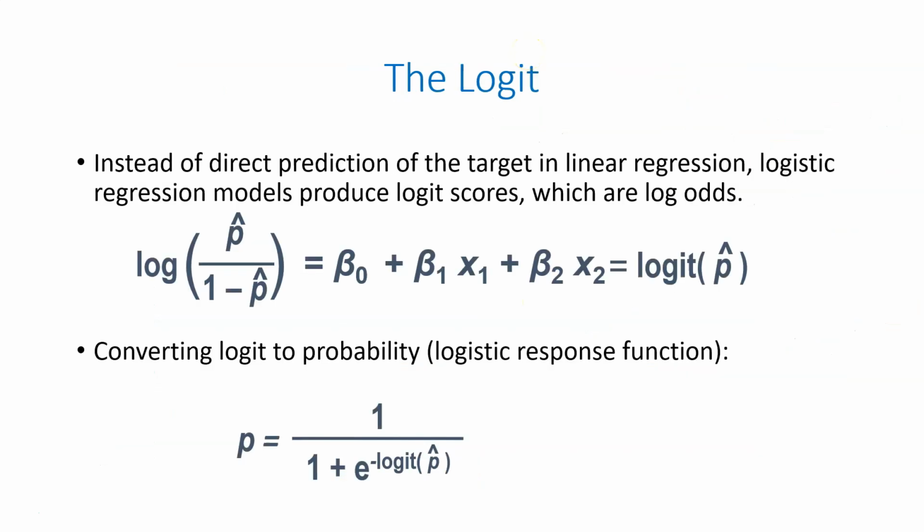There is actually a name for log odds, and that is called the Logit. So essentially, the logistic regression model produces the Logit score, which is log odds, or we can write it as log of probability divided by 1 minus probability, as it is written here in the equation.